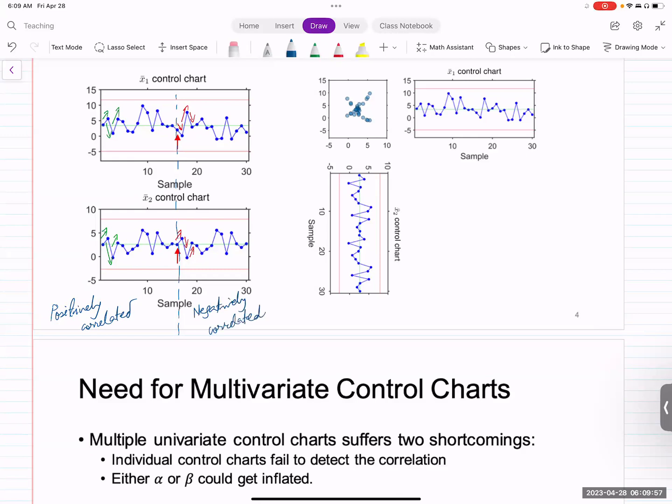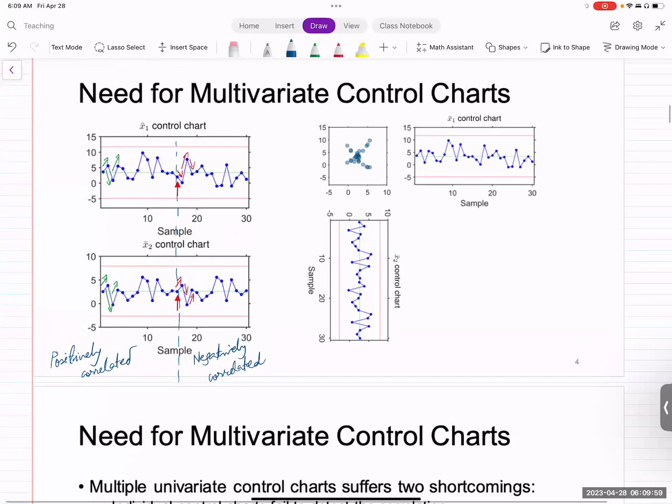This idea of positive and negative correlation is very clear if you do a scatter plot. So what I've done here is I have taken the first half and the second half, and then I've simply done a scatter plot. The first half of the data points, which is positively correlated, is shown in this area, and then the negatively correlated region is in this area.